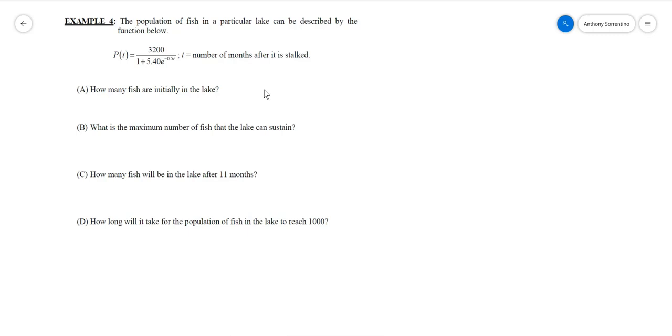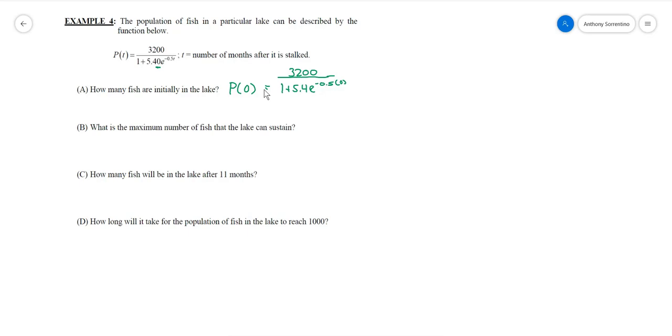Well, from our function usage before, that means we're essentially looking for P when the time is 0. So that's going to be 3200 over 1 plus 5.4 times e to the 0.